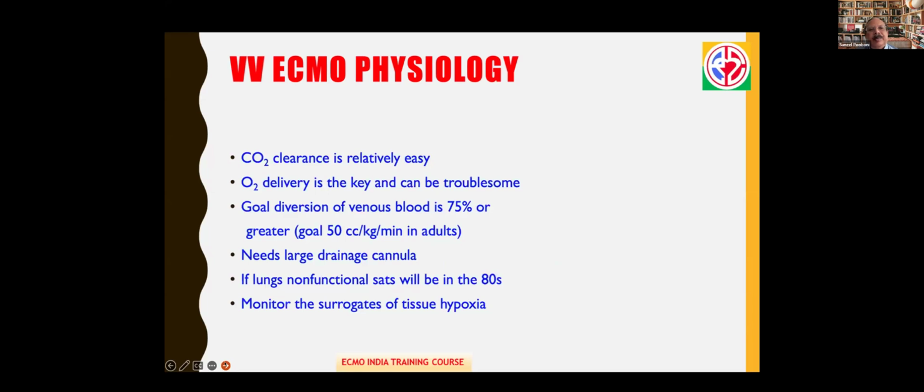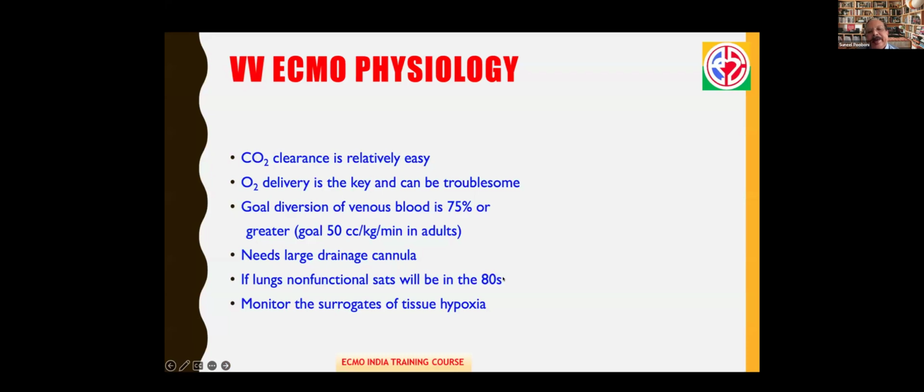It doesn't matter. In VV ECMO physiology-wise, CO2 clearance is relatively easy. Oxygen delivery is the key and can be troublesome. The goal diversion of venous blood is 75% or greater, with a goal of 50 cc per kilo in adults. It needs a large drainage cannula, and if the lungs are non-functional, SATs will be around the 80s.